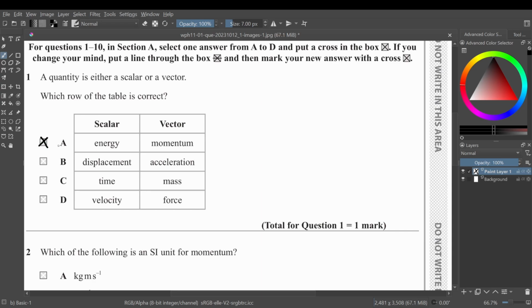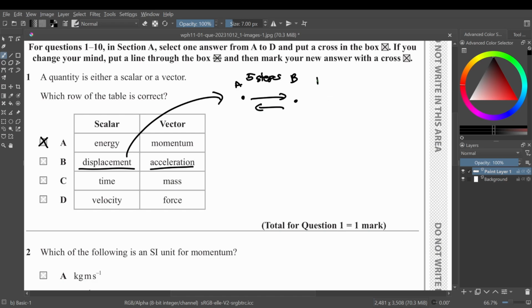Let's check the other options as well, which are B, C, and D. B says displacement as scalar and acceleration as vector. Acceleration is in the right position, but displacement is not, right? Why? Let's say you are at point A and you want to go to point B. You go 5 steps, and then you go backwards 5 steps.